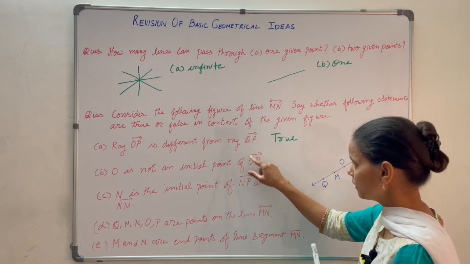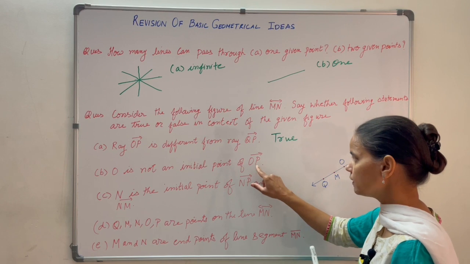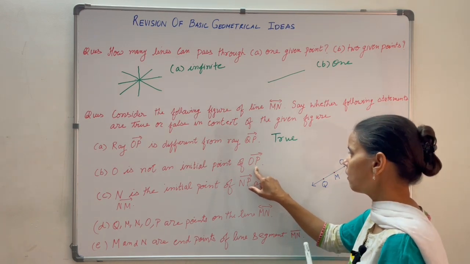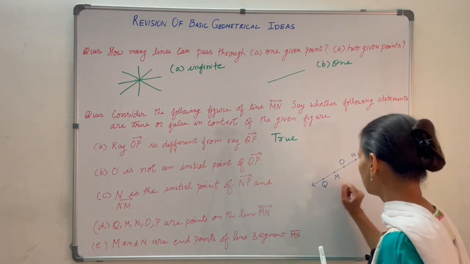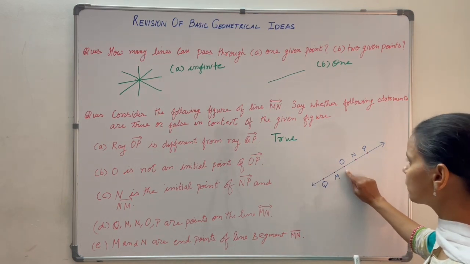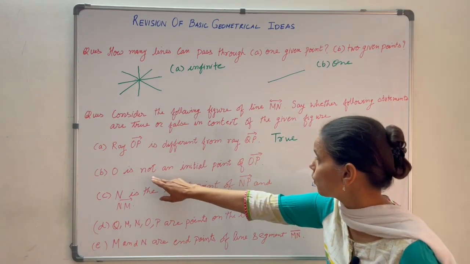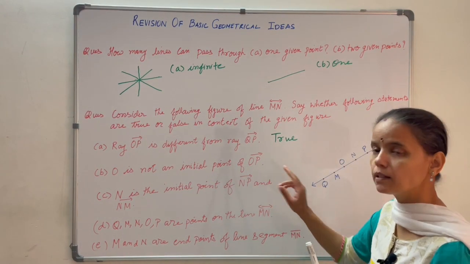You can see this is ray OP. First we write down the initial point of the ray and then any point on the ray to name the ray. So the initial point is O. So the answer here, O is not the initial point, is false.